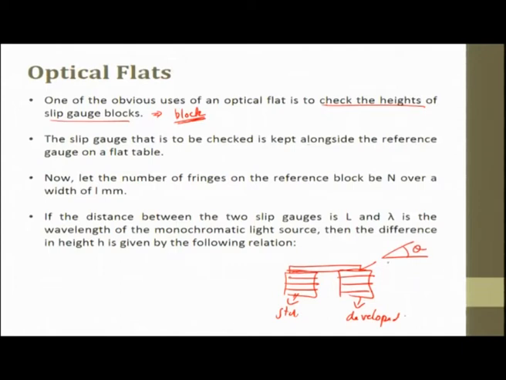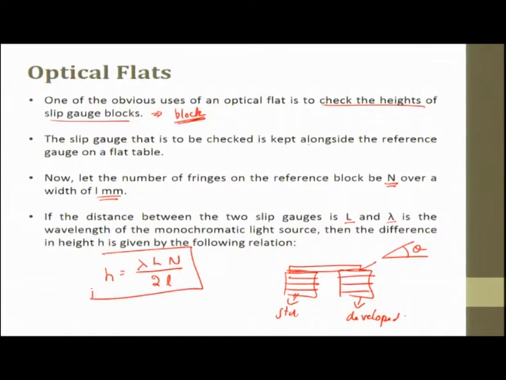The slip gauge that is to be checked is kept alongside the reference gauge on a flat table. Now, let the number of fringes of the reference block be n over a width of 1 millimeter. If the distance between the two slip gauges is L and lambda is the wavelength of the monochromatic source of light, then the difference in height can be determined with the following relationship: h equals lambda L n by 2L.